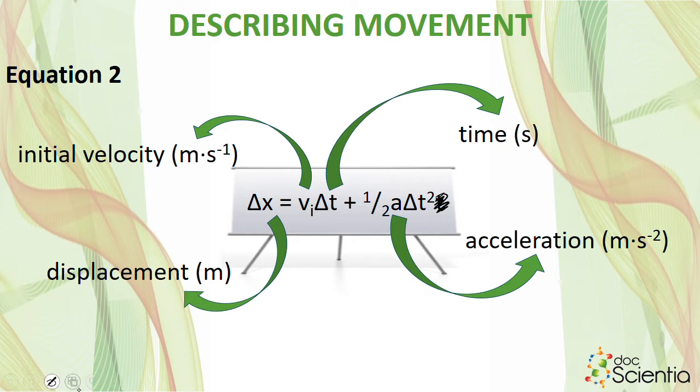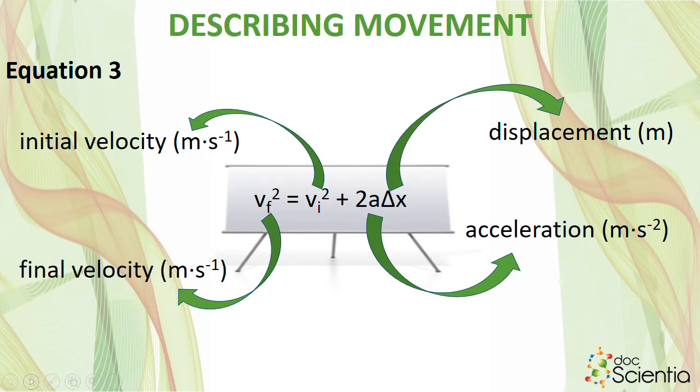The third one. En hierdie kwadrate is baie belangrik, mense vergeet hulle somme. VF kwadraat, so the final velocity squared is equal to the initial velocity squared plus 2 times acceleration times displacement. Ons gaan hulle nou begin toepas. Dan gaan julle sien dit is nie so erg nie.